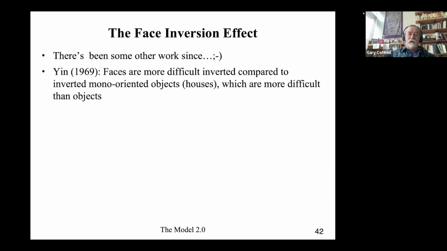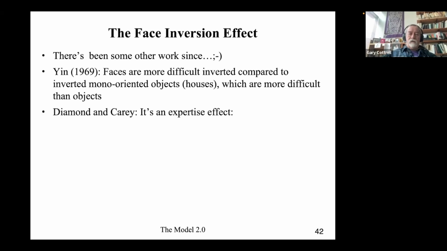And he found that when faces were inverted, people's performance dropped off radically compared to when objects were inverted. And in between those two were mono-oriented objects, houses, which, like faces, we have experience with mainly right side up.